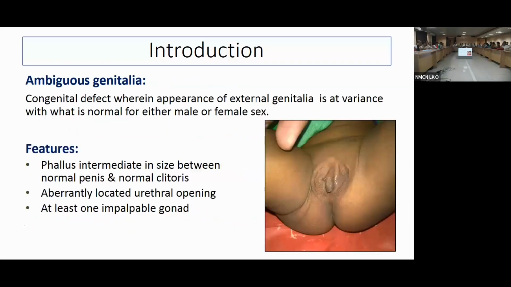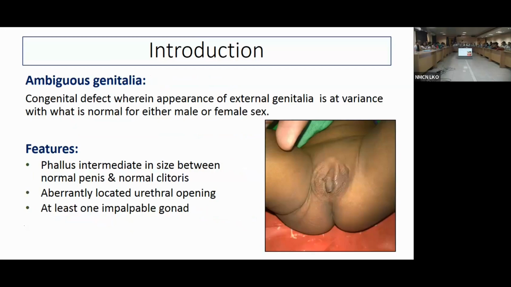So ambiguous genitalia, though again, it's better to avoid that term and probably you could just call it a genital anomaly. But as such, the conventional definition of ambiguous genitalia is that it's a congenital defect where the appearance of the external genitalia is at variance with what is normal for either male or female sex.